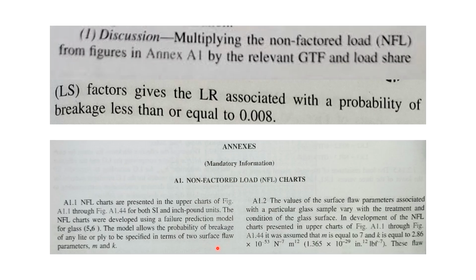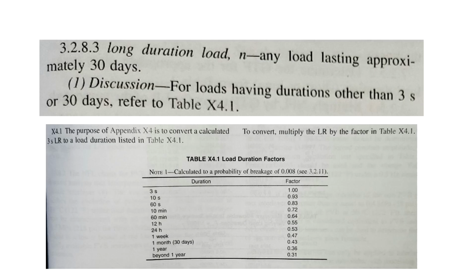This is getting a little more technical, and I'm not going to go into that right now, but these are the charts they're talking about, the non-factored load chart. We're going to take that chart and then apply these factors. First, we have to learn how to use the non-factored load chart. We have a few more terms to go through here, and hopefully some of this will get clarified as we go.